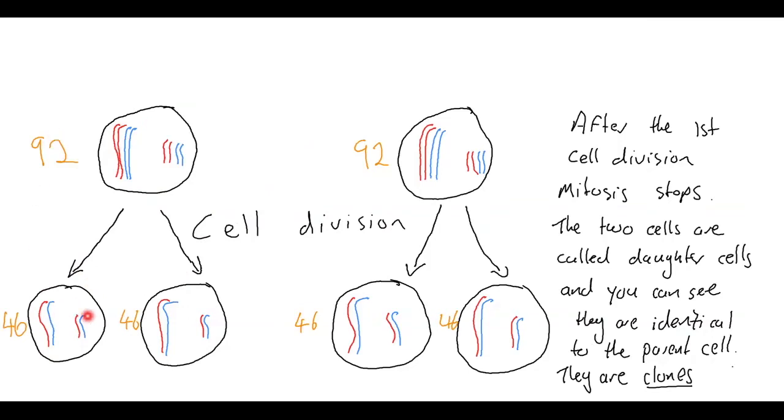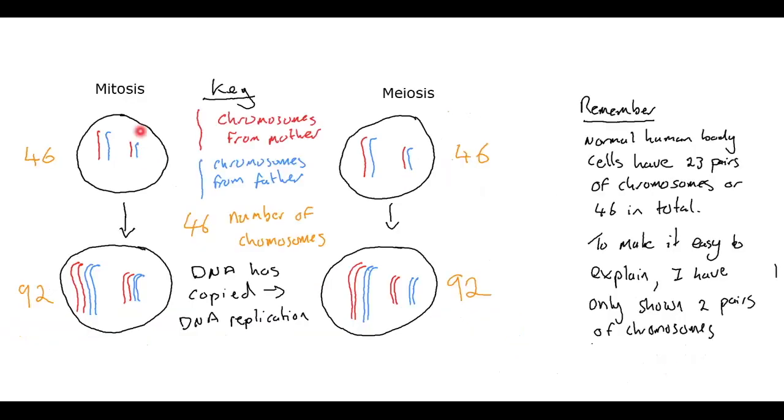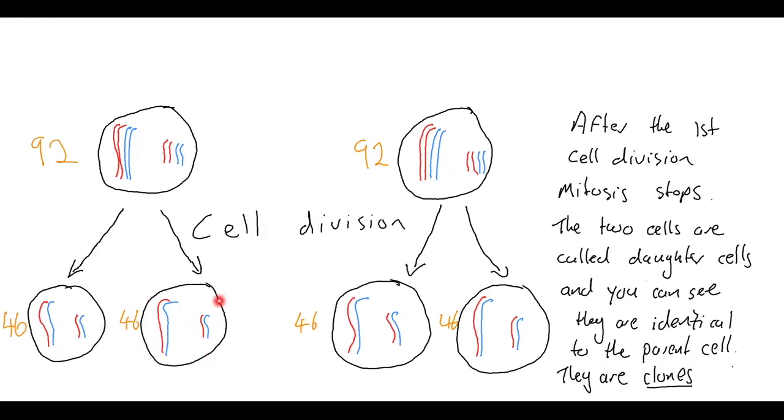So each cell gets 46 chromosomes, or 23 pairs. And if you have a look at these two daughter cells, you can see that they're identical, right? You can also notice, if we go back to the original parent cell, that these are identical to the daughter cells that are produced here.